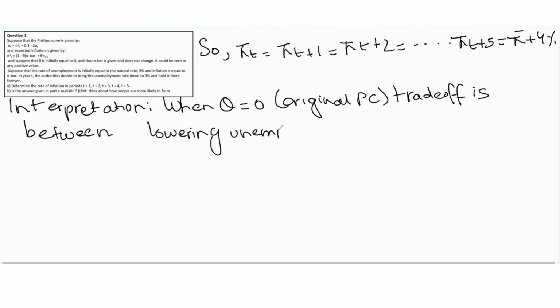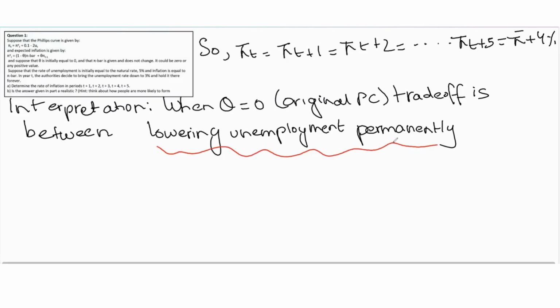It's between lowering unemployment permanently. Obviously over here you wanted to permanently keep it at 3%, below UN which is 5%. So lowering unemployment permanently, which was that u t decreased from UN equal to 5% to 3% forever.